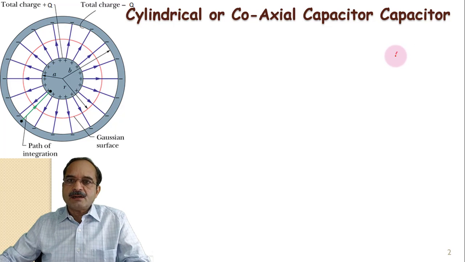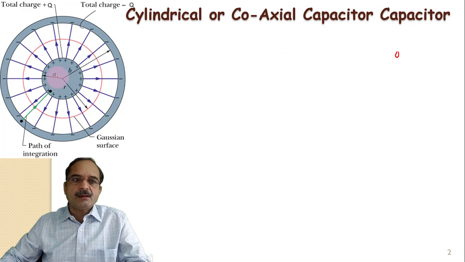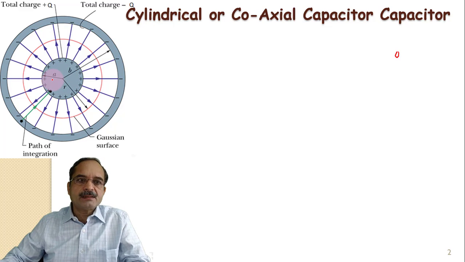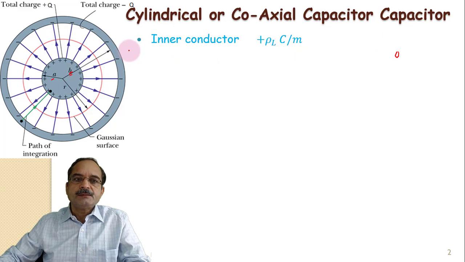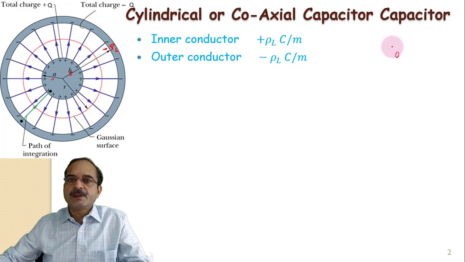a cylindrical capacitor with inner cylinder having radius a and a charge of rho L coulomb per meter, and an outer cylinder with radius b and a charge of minus rho L coulomb per meter.